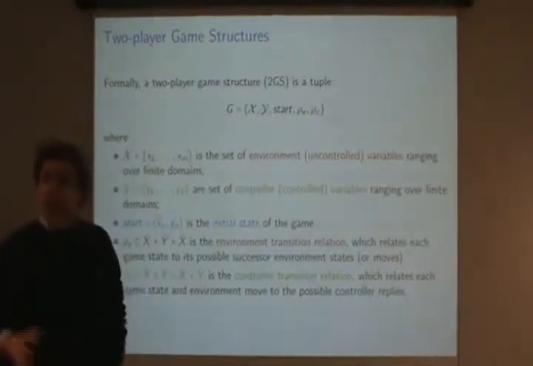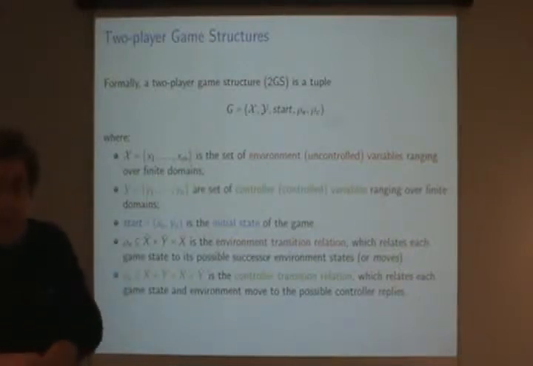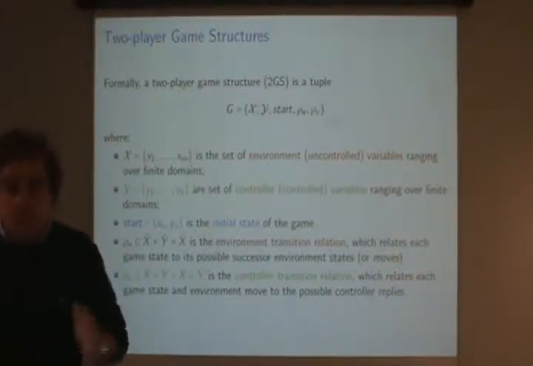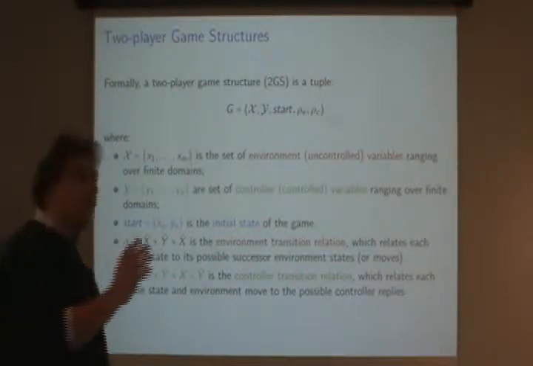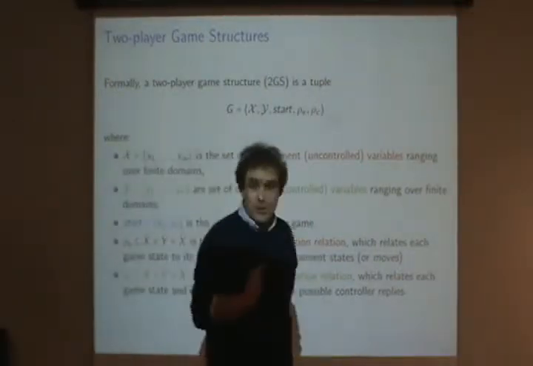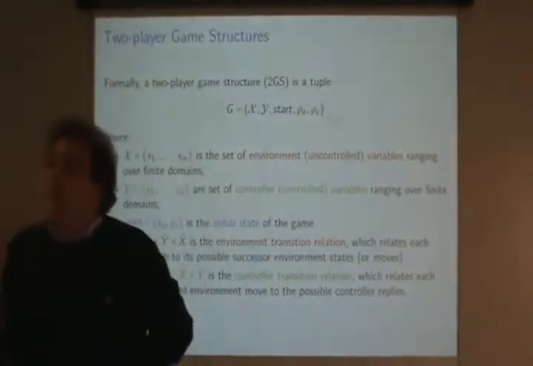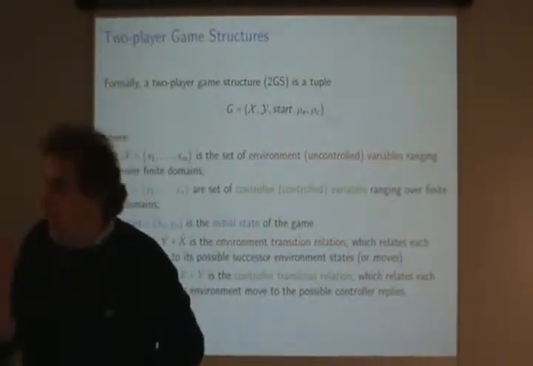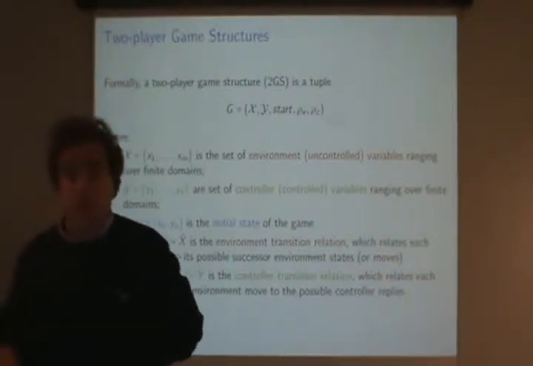And how does this game structure work from a formal point of view? Well, actually, it's a transition system. It's really a transition system. However, in this transition system, you partition the states into what can be controlled by the environment and what can be controlled by the controller.